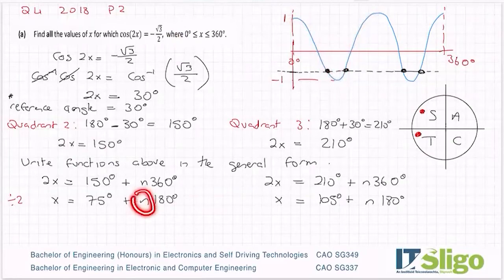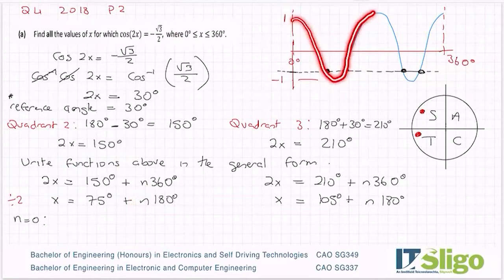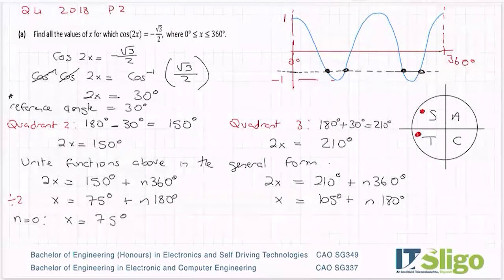In other words, I haven't done any rotations yet. I'm still on my first one, okay? So that's why we let n equal 0 to find out our angles in the first cycle. Okay, so when n is equal to 0, x is 75 degrees and x is 105 degrees.